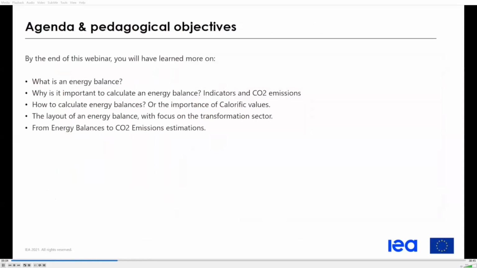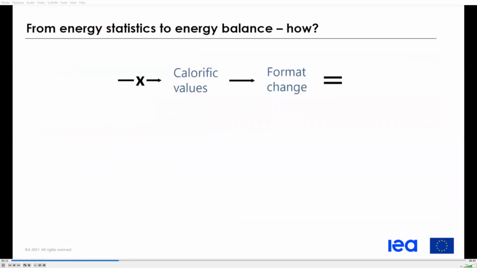Now, let us look at the methodological assumptions underlying energy balances. As you know, energy data are generally collected independently across different commodities. To develop an energy balance from the set of commodity balances, there are two main steps.